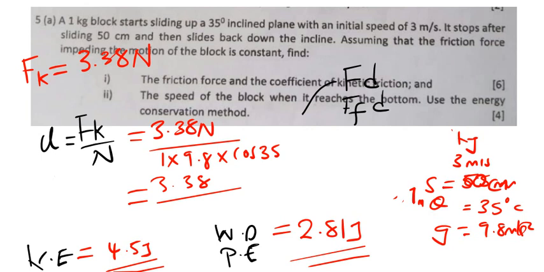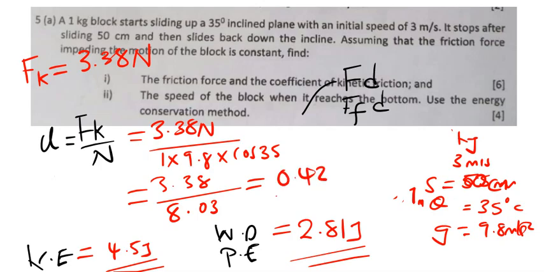What is it giving me? Down below I'm getting 8.03. So I'm supposed to divide 3.38 by 8.03, and it gives me 0.42.